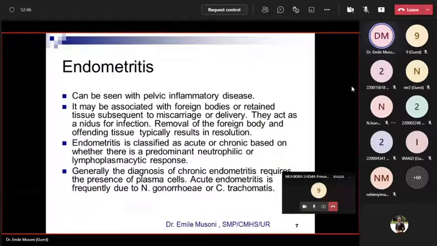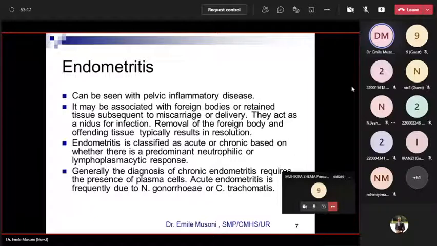Endometritis is an inflammatory process caused by gonorrhea, chlamydia trachomatis, and others. It can be acute or chronic. So you take a sample of the endometrium, swab, or biopsy, then you send it for lab analysis.